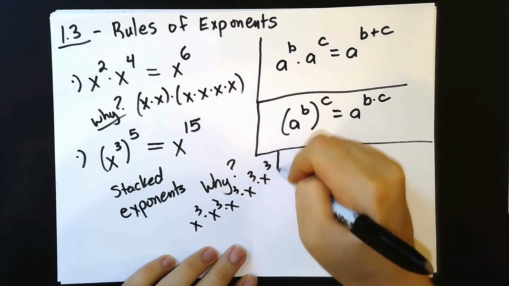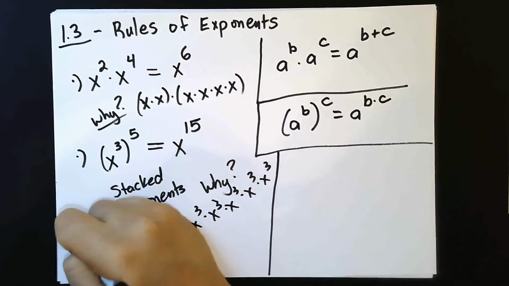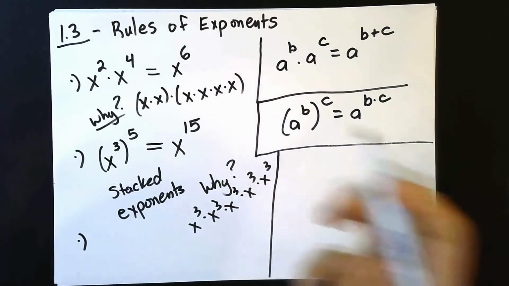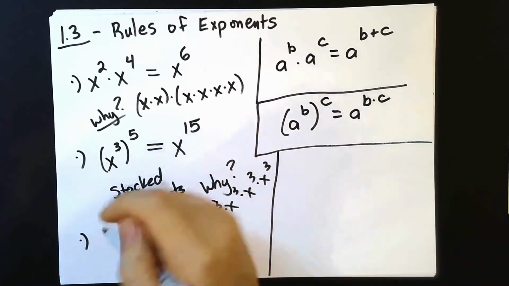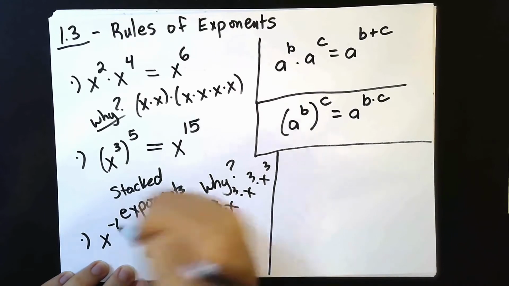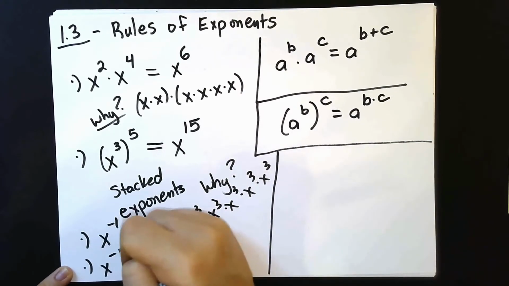Okay. What else can happen? Well, you can also end up with numbers to negative powers. So you can end up with something like x to the minus 1, or x to the minus 5.